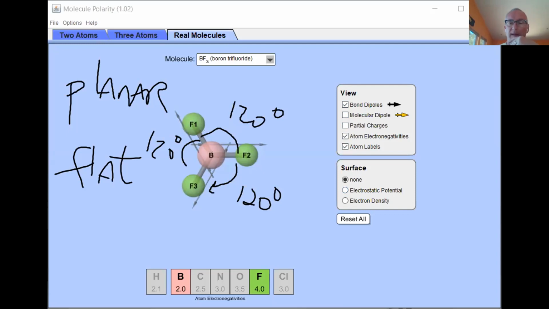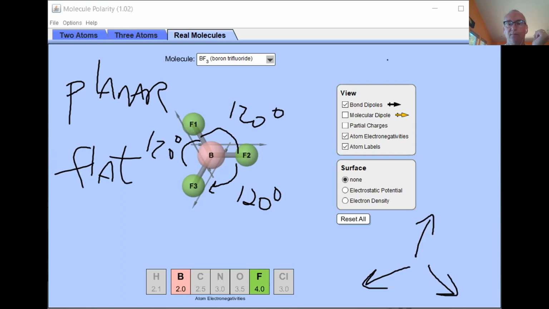Basically, if I take this arrow and that arrow and that arrow, and I add them together, what do I get? Zero. Yeah, right. Because they're completely symmetrical.